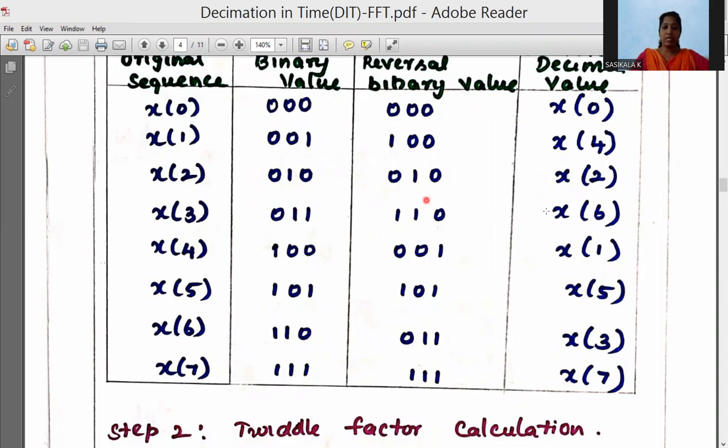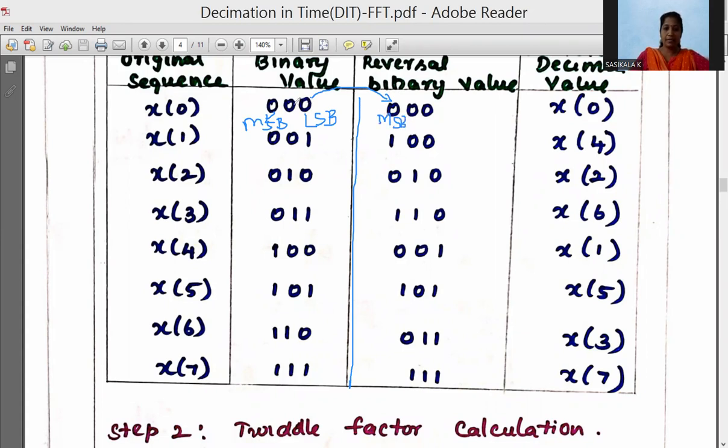So what you have to do is, imagine that I've kept a mirror here. This bit is called the least significant bit and this is called the most significant bit. When you keep a mirror, the least significant bit will be reflected as the most significant bit in the bit reversal value.